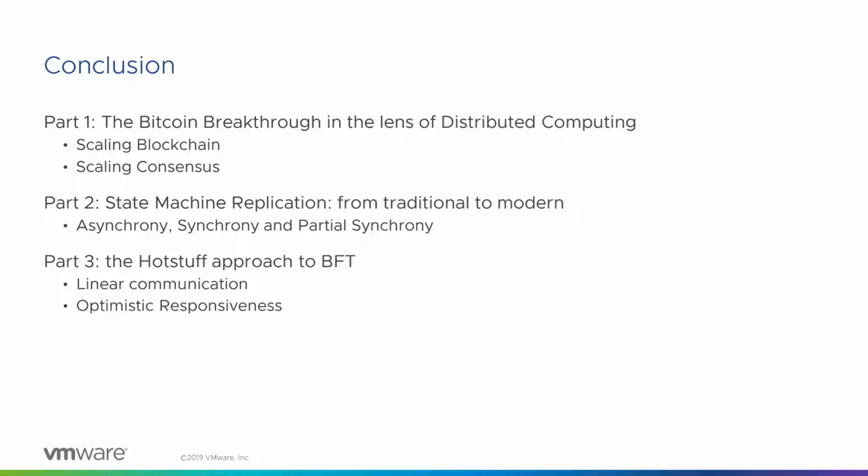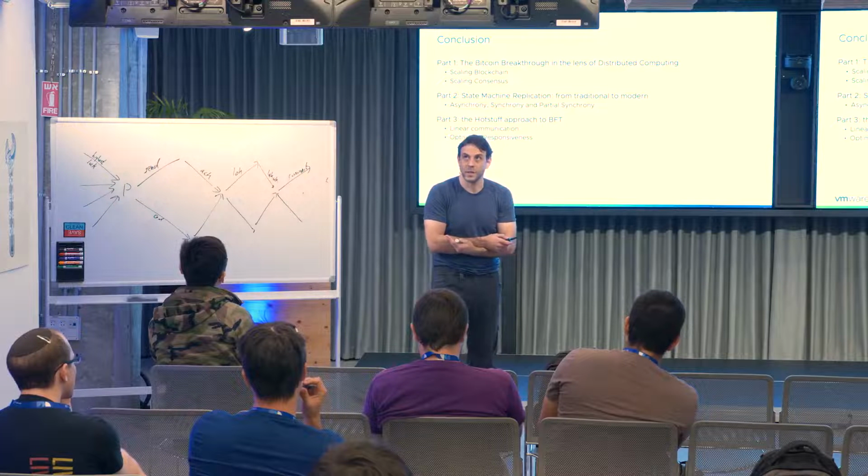All right, so this is my conclusion. Again, 3 parts. The first was focusing on Bitcoin, and at least how distributed computing sees Bitcoin and Nakamoto consensus as a major breakthrough in this area. In particular, providing a synchronous Byzantine agreement protocol that doesn't require a PKI and obtains optimal bounds in terms of threat of security.